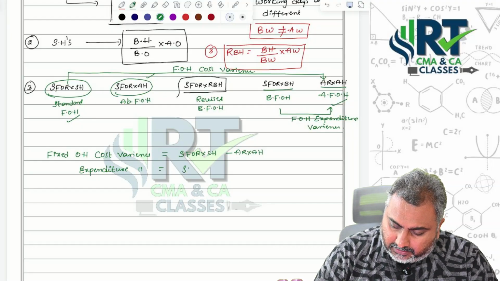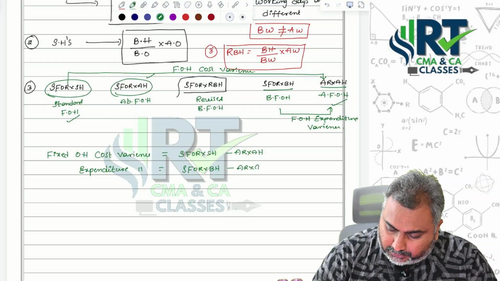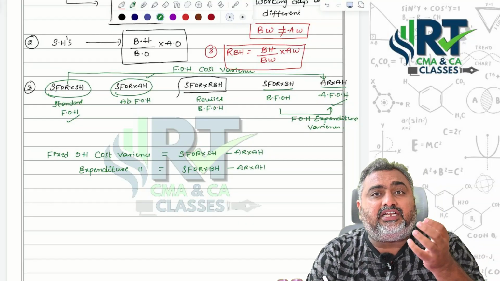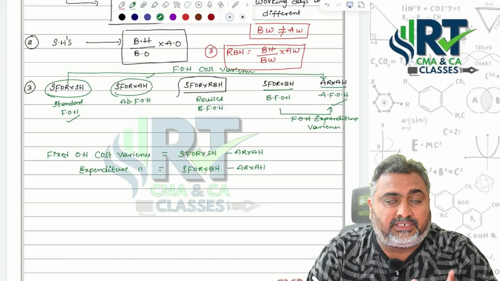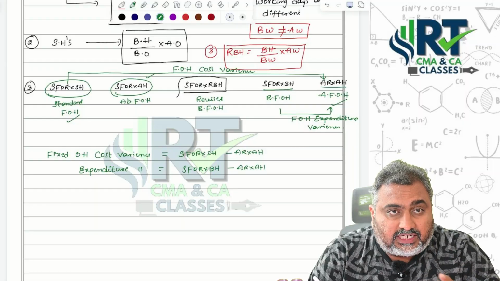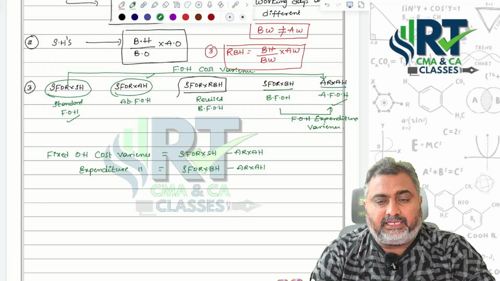What is the formula? SFOR into BH minus AR into AH. The difference between budgeted fixed overheads and actual fixed overheads is what we call expenditure variance.